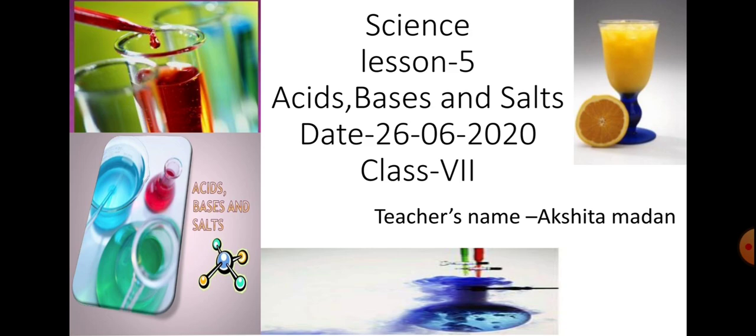Some acids, bases, and salts occur in nature, and some are made artificially in factories. In this chapter, we will study only acids, bases, and salts.